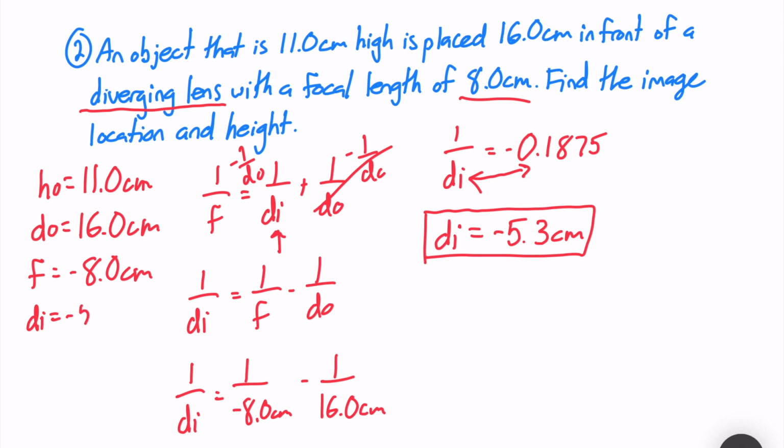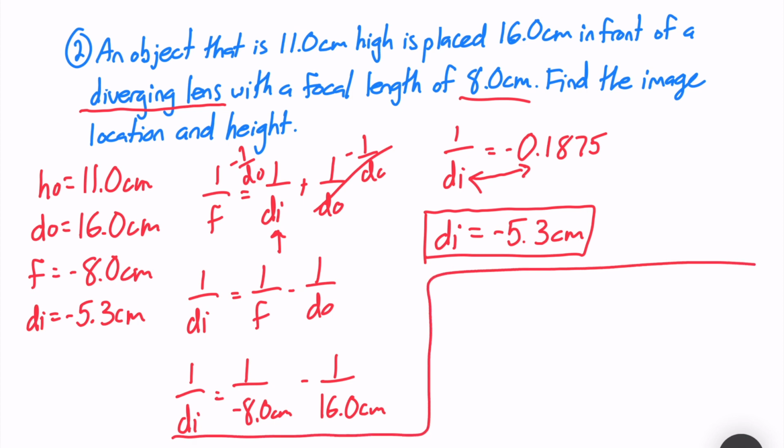So let's add that to our stash of values, and let's move on to finding the image height once again here. So again, we'll have to use both magnification formulas here. So our first one, similar to last question, we have m equals negative di over do, because we have both of those values now, and we can just insert both of those in here.